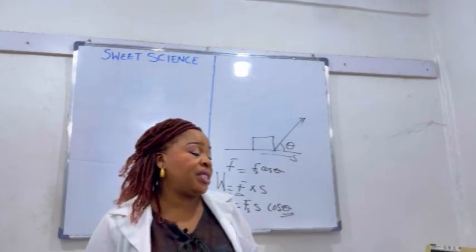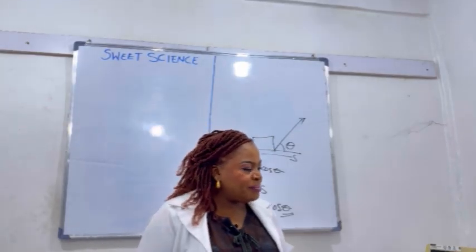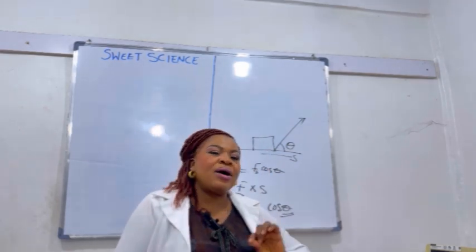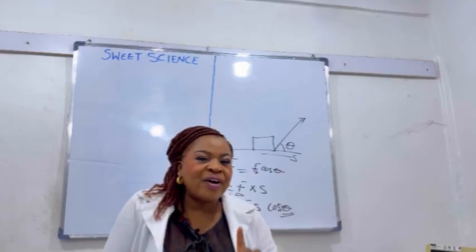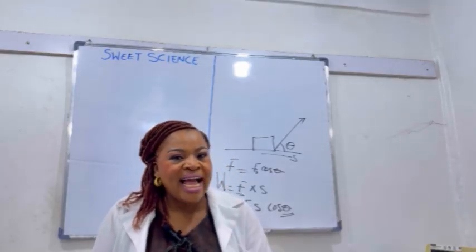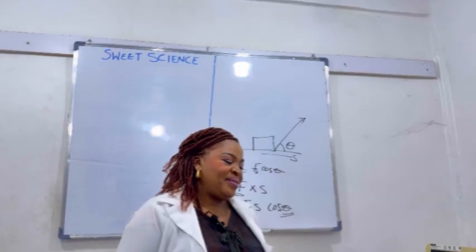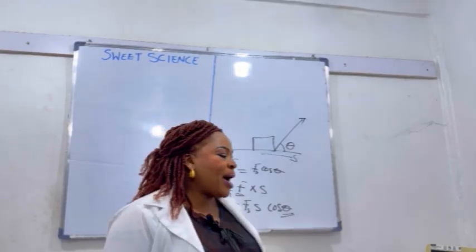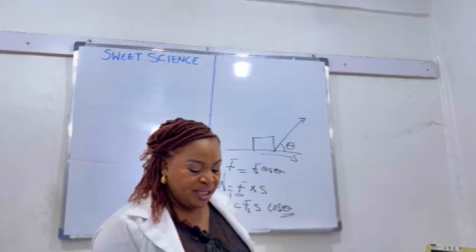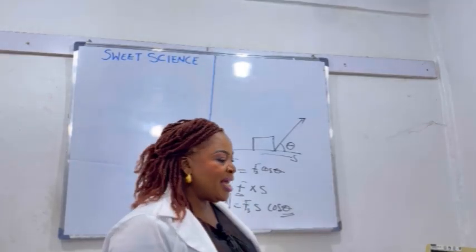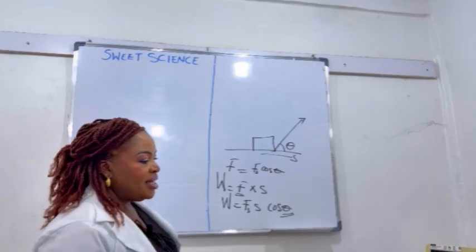Let me take the question again. A girl whose mass is 20 kilogram climbs up 25 steps, each of height 15 cm in 10 seconds. Calculate the power expended. Take G to be equal to 10 meter per second squared.